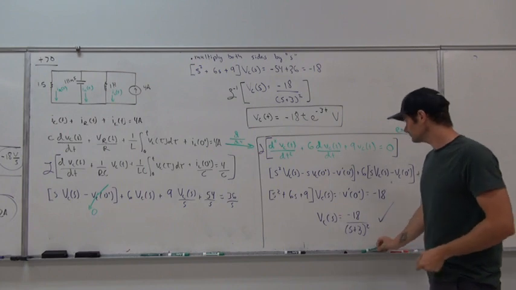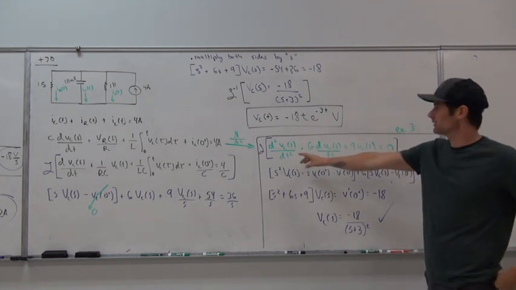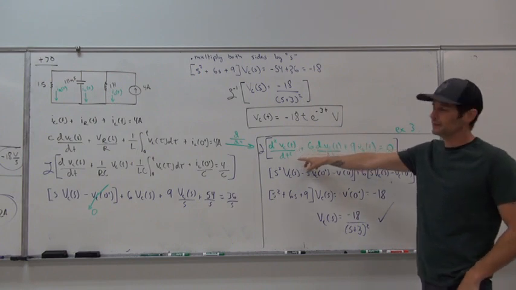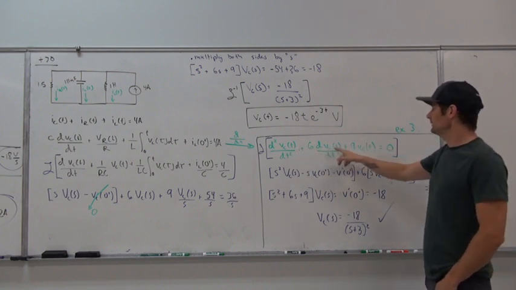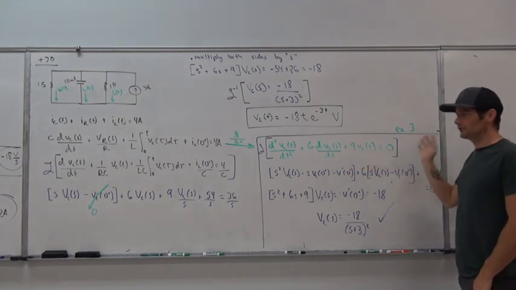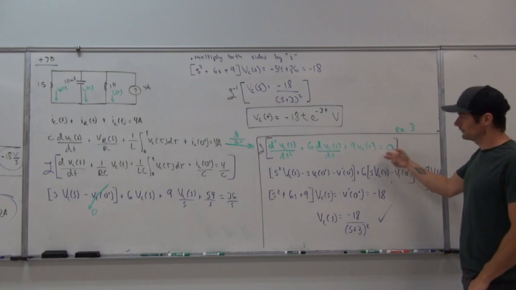Putting it in standard form, we get d squared Vc of t dt squared plus 6 dVc of t dt plus 9 Vc of t. Those constants go away when we take the derivative, and so that's equal to 0.